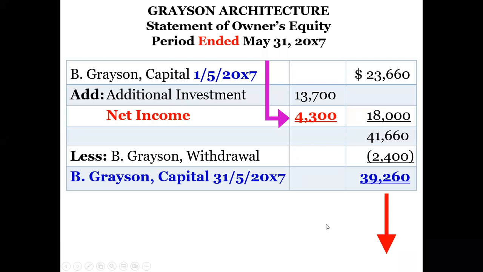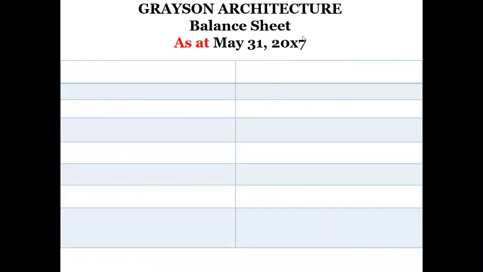So on now, guys, to our balance sheet. So remember I said to you the balance sheet is a position statement? So it is Grayson Architecture balance sheet as at, or if you just say at, no problem. Notice how it is different from the other statements.